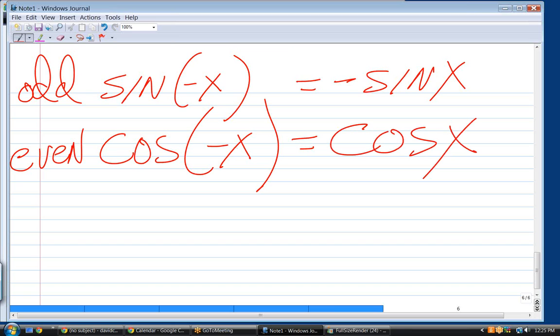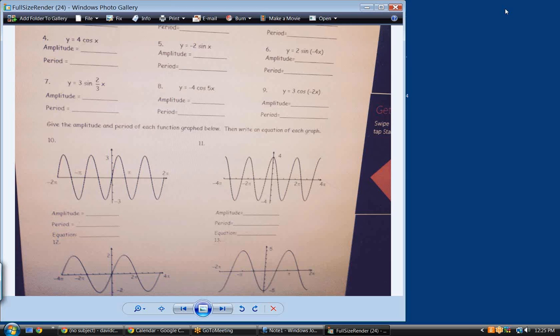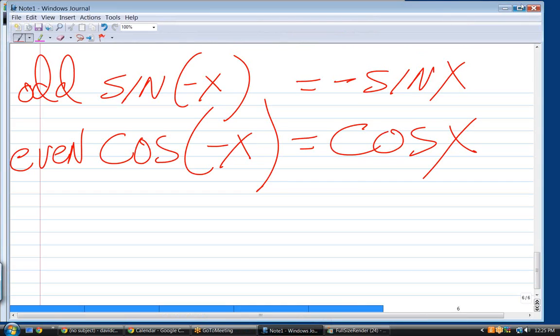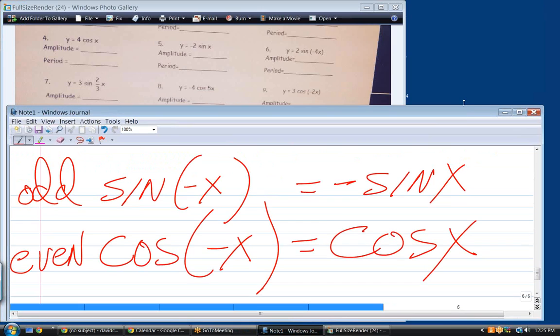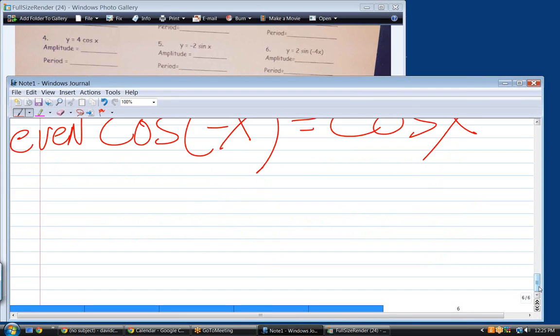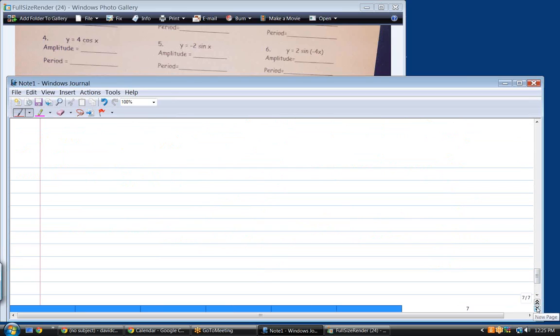You with me? Yeah, so then it would just be reflection about the x-axis. In other words, I'm going to take this negative sign, and the first thing I'm going to do is move it in front of everything. So number 6 is the same as, and that's my first step.